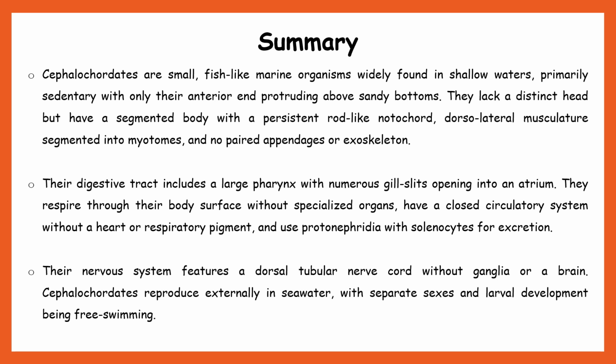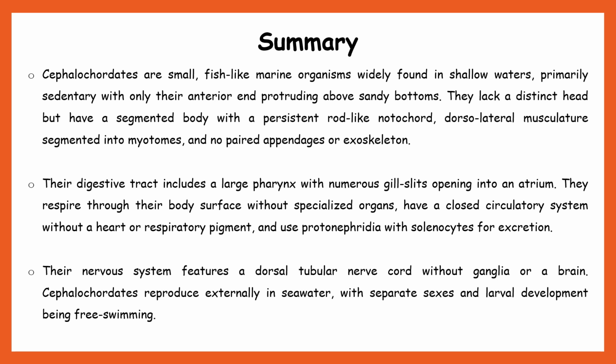They lack a distinct head but have a segmented body with a persistent rod-like notochord, dorsolateral musculature segmented into myotomes and no paired appendages or exoskeleton. Their digestive tract includes a large pharynx with numerous gill slits opening into an atrium.